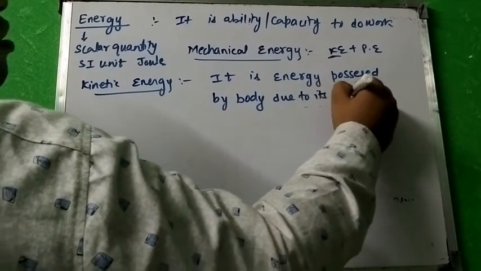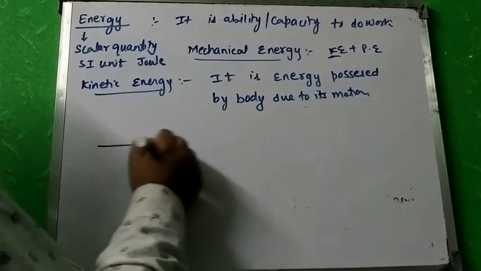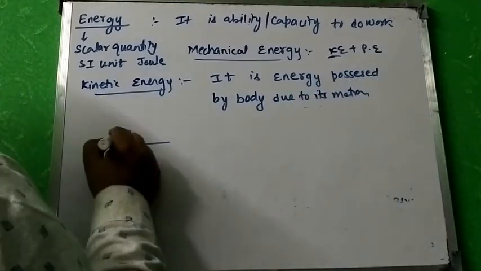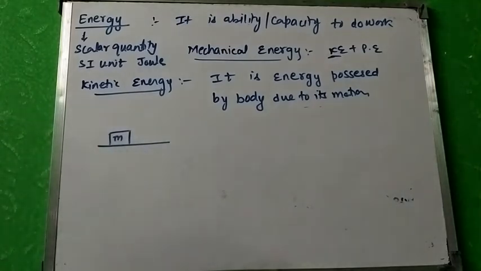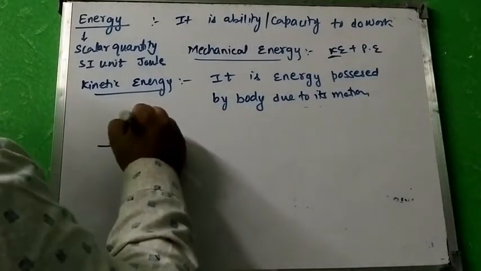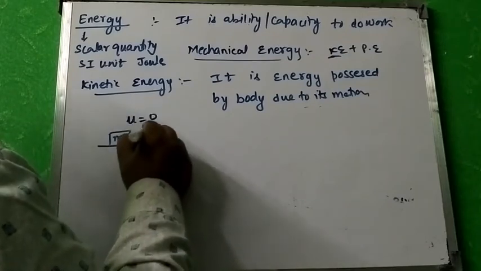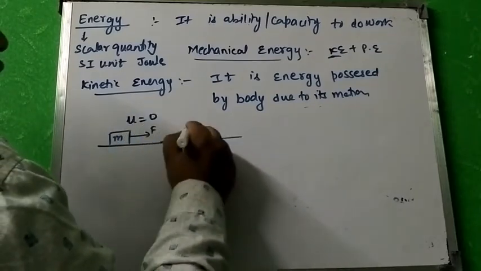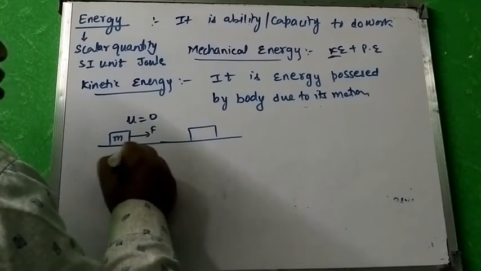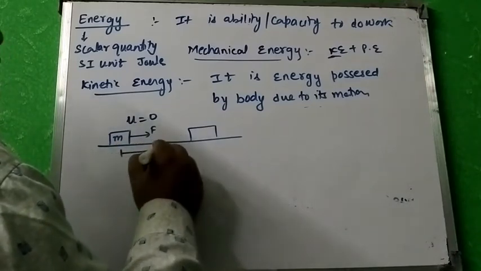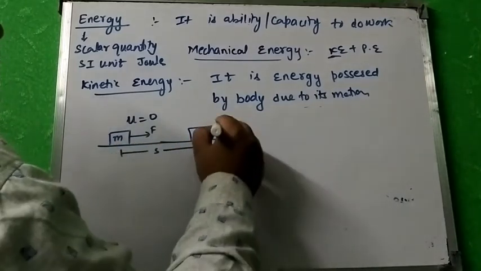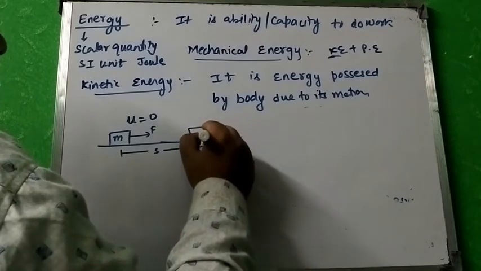Let's suppose there is a body whose mass is m, initially at rest. You apply some force and it displaces from one position to another. Let's suppose the total displacement is s, and it acquires some velocity v.